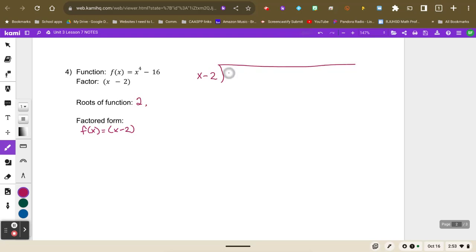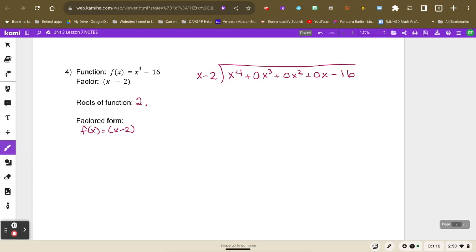Now, if you notice, it only has an x to the 4th minus 16. It's missing everything in the middle. So what we're going to do is write 0x to the 3rd plus 0x squared plus 0x minus 16, just so we have all the extra terms here. And then we're going to start multiplying.